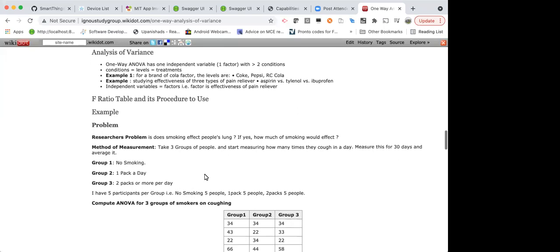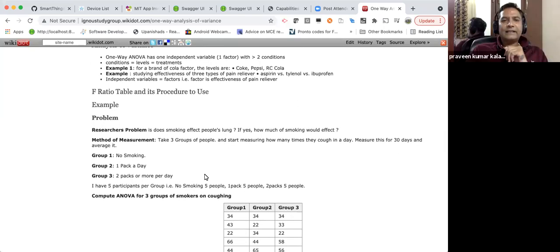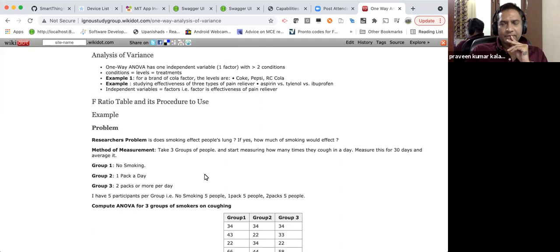Okay, so now let's see how we can solve this. We always know that there is something called variance. There is a mathematical way to find the variance, and using the variance you can say that if this variance is less, or of this category, then there is no difference.